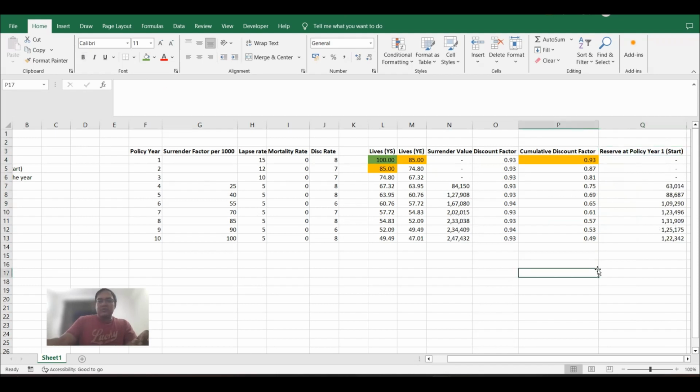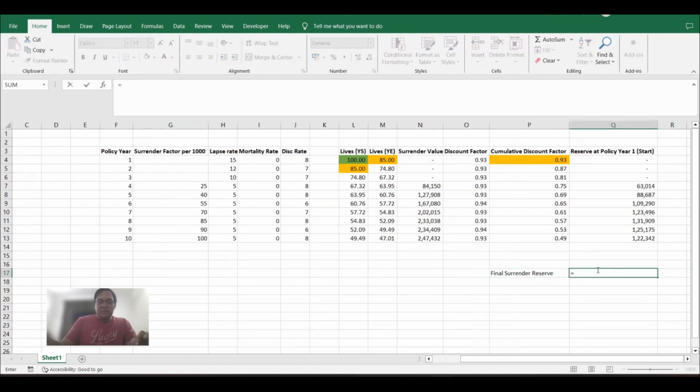So the final reserve, which you can call the final surrender reserve, would be the sum of all of this, right?